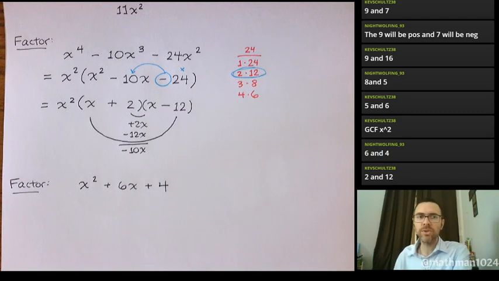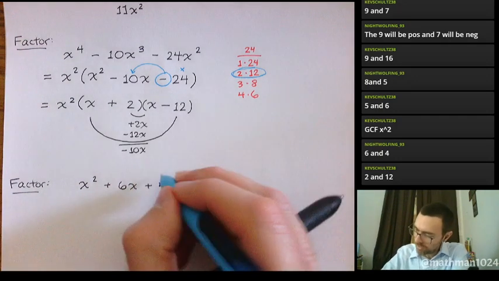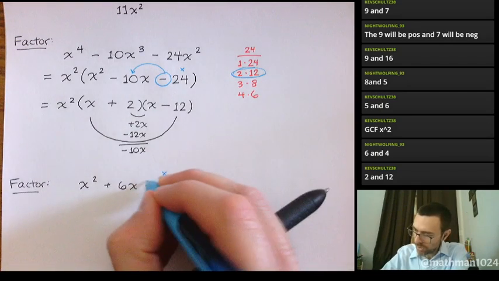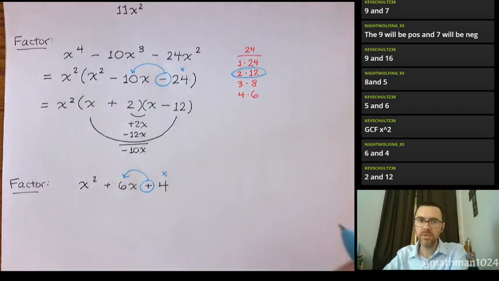No. There's nothing that we can take out of all three terms except for 1, but if you're factoring out 1, that doesn't really do a whole lot for us. So this has a lead coefficient of 1, so it's good. Can you find factors of 4 that will add to 6? And this is where we run into a problem, because you can't find factors of 4 that add to 6. If we can't, that means we can't factor this.